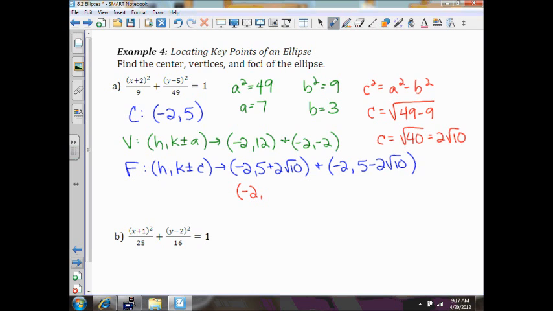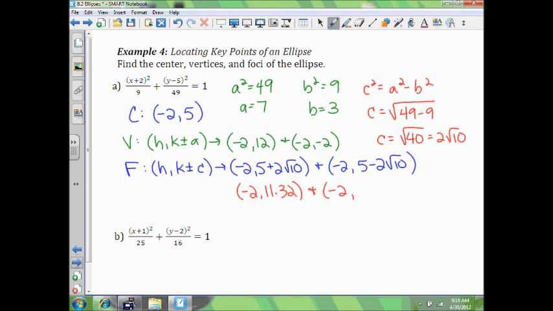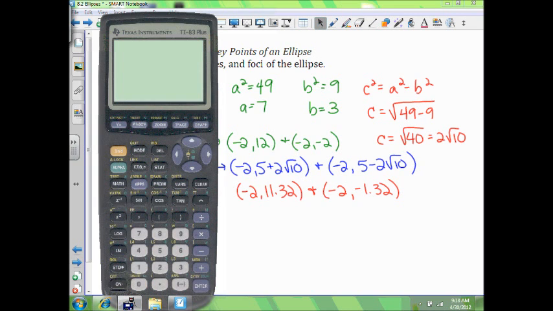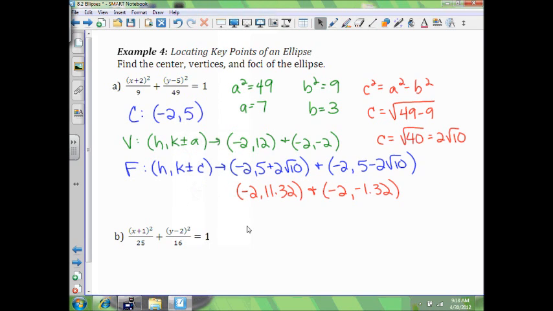So it should be (-2, 11.32) and (-2, -1.32). 5 plus 2 square root of 10 gives you 11.32. 5 minus 2 square root of 10 gives you negative 1.32. So there you have it. There's your center, your vertices, and your foci.